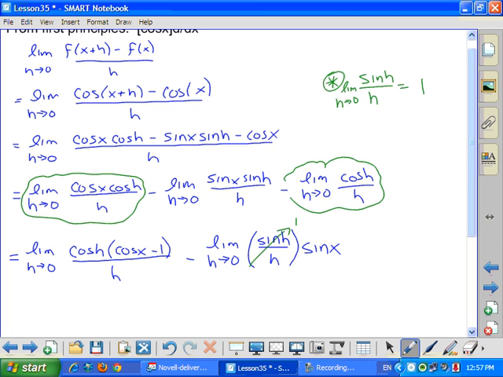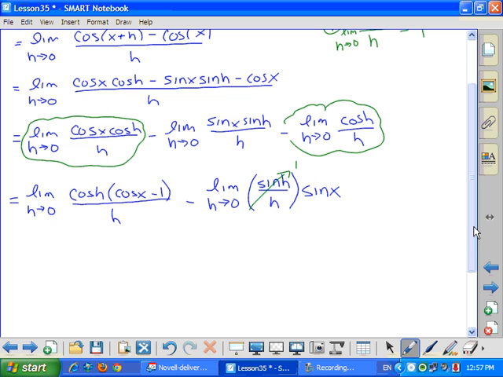We don't have to fix a whole lot other than the fact that you still have cos x, cos h, and this will be cos x over cos h. Instead of factoring out a cos h, we're going to factor out a cos x. That's the only thing we've got to switch here. I do apologize for that. Cos x and then cos h minus 1. So cos x was the common factor.